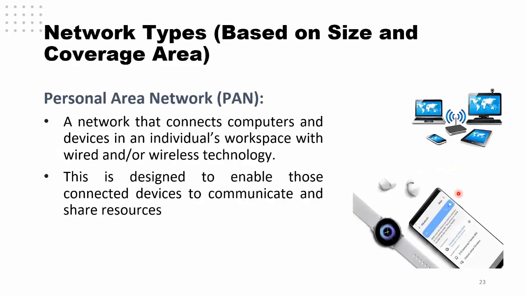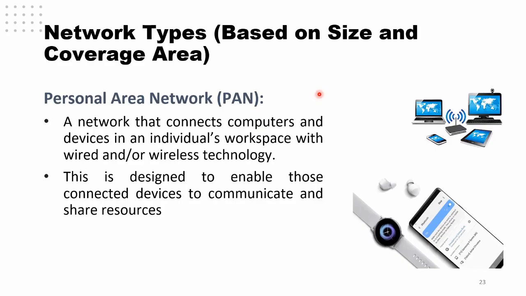Then we are going to talk about the different network types. These types are categorized based on the network size and the coverage area. One type is the personal area network, a network that connects computers and devices in an individual's workspace with wired or wireless technologies.